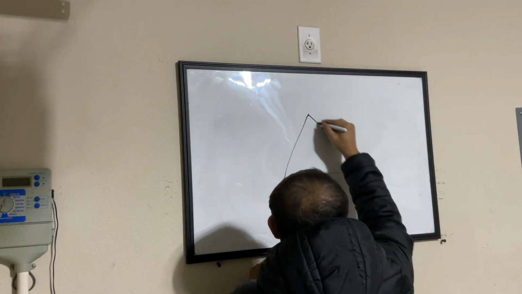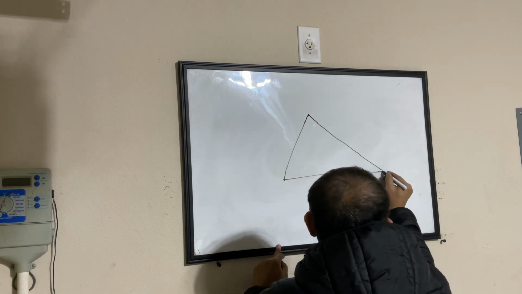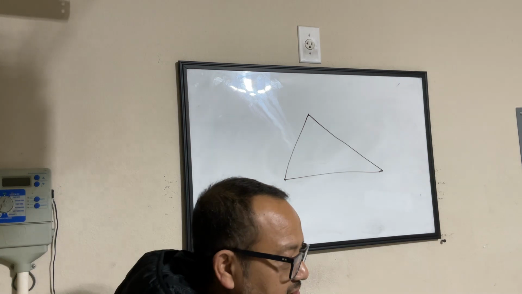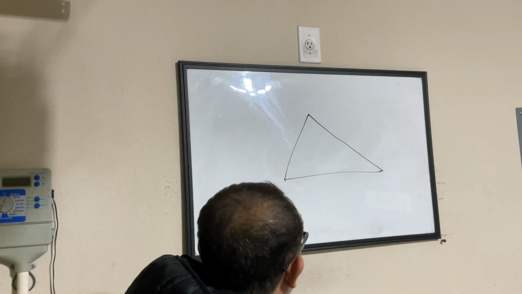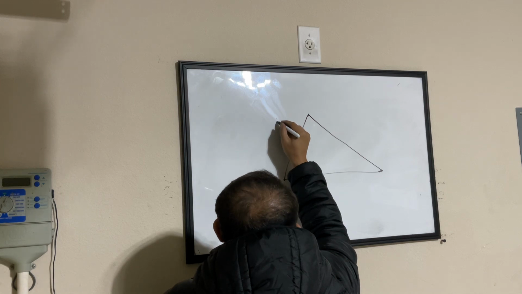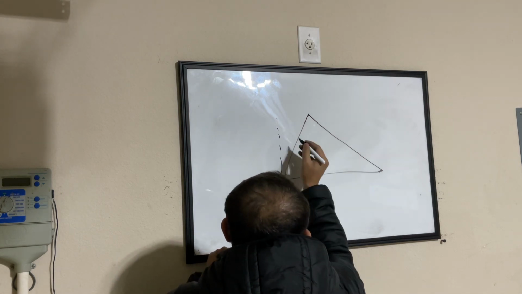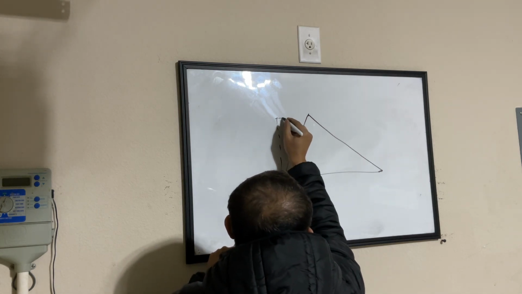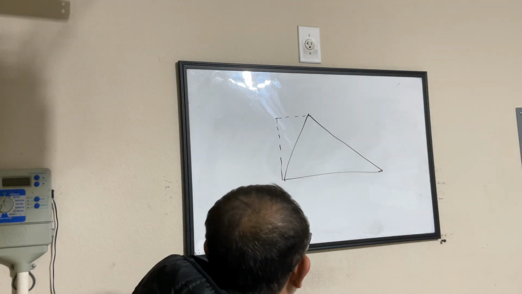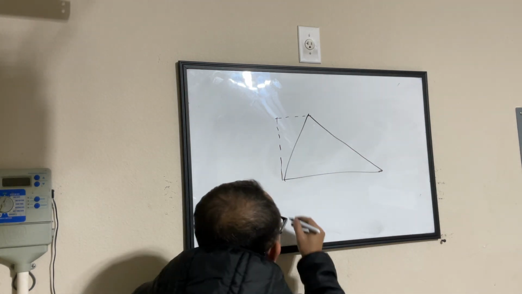I have a triangle like this. Okay? I'm trying to find out the area of this. What I will do is try to convert this into a right angle triangle. Okay.